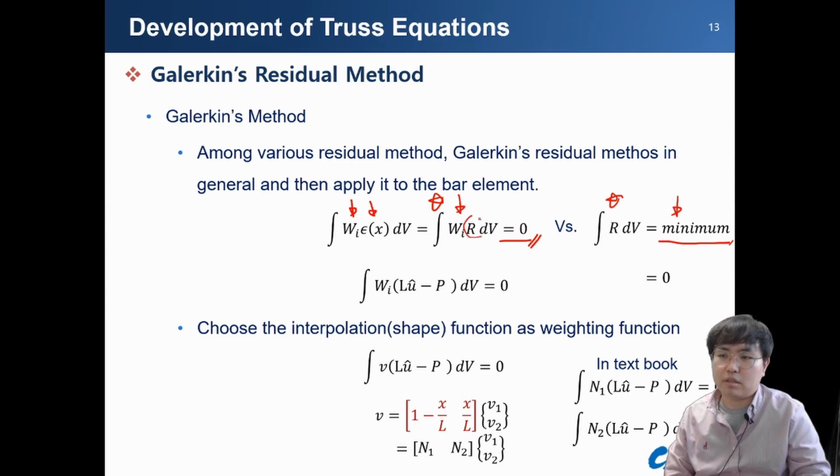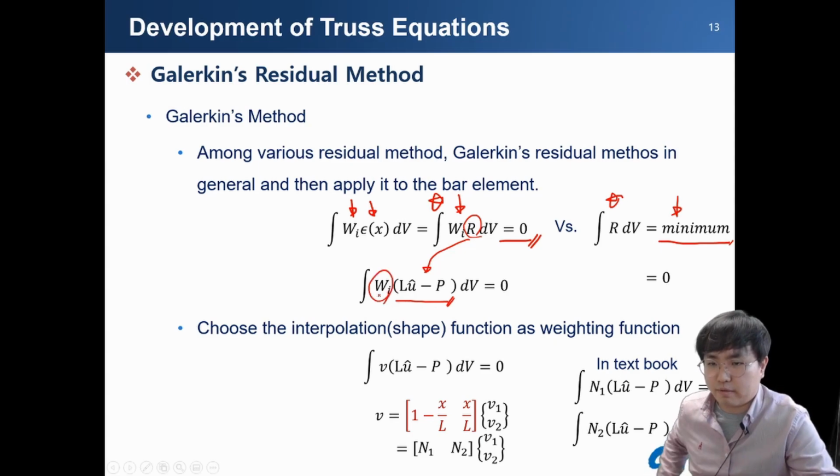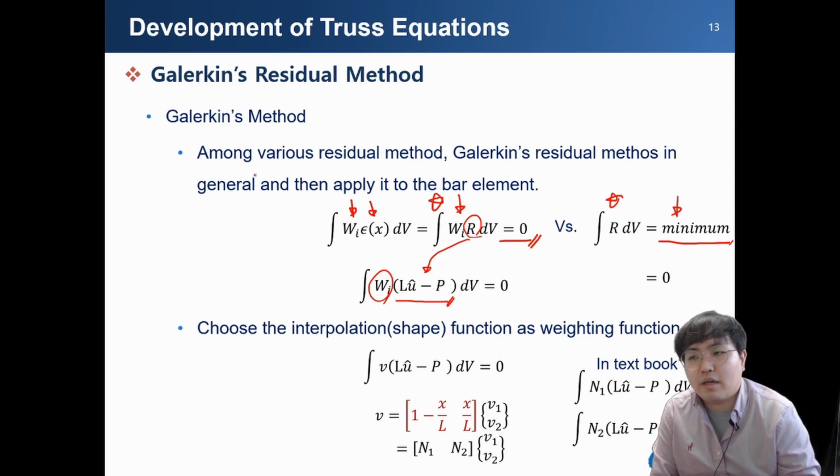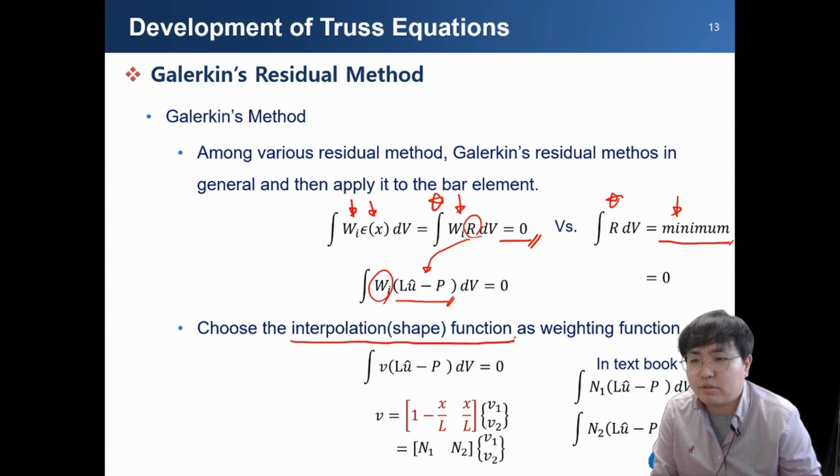That means this residual error will be reduced or minimized, so we can use the residual error itself, and then apply some arbitrary value in here. This W weight function is an arbitrary value. However, we are going to use an interpolation or shape function for this arbitrary value.